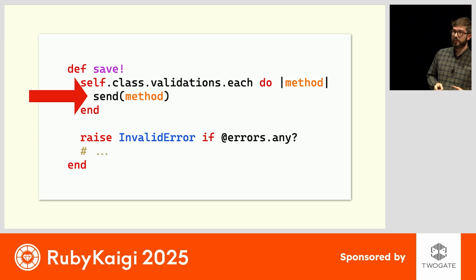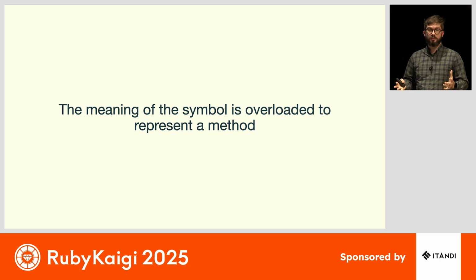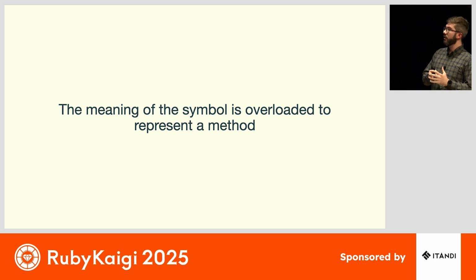In this example, the key to the DSL component is the dynamic dispatch, the fact that we are sending a method that we don't initially know which one we're going to be invoking. And in this case, we are not changing which declarations are available in the program, but we are overloading the meaning of a symbol. From Ruby's perspective, the symbol is just a little piece of data, like a number or a string.